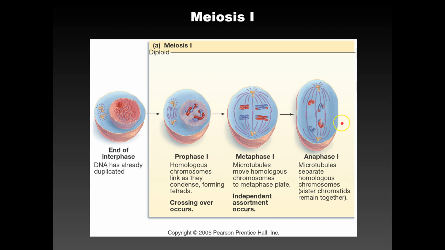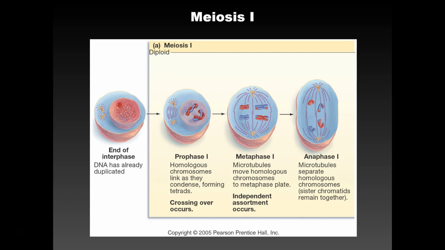So here you have the end of interphase. DNA has replicated in there. If you could picture the homologous pairs, there are now 2 copies of each of those. Then you have prophase 1, where those 2 sets of homologous pairs are going to link up to one another and do this thing called crossing over.